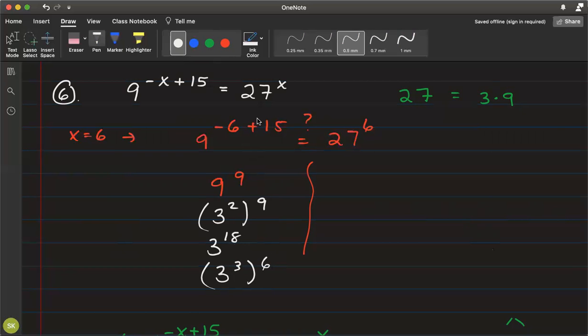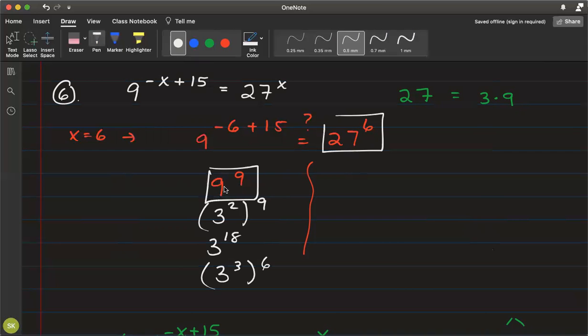It would be much quicker and much simpler to just plug this in the calculator, see what that is equal to, and then plug this into the calculator and see what that is equal to. These are going to be large numbers. So if you have a scientific calculator, you might have trouble getting this full number in the calculator. So what I'm trying to do is just rewrite it so I can see if I get 27 to the 6th.